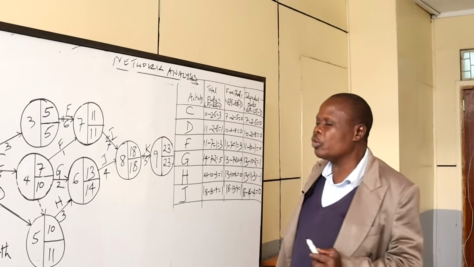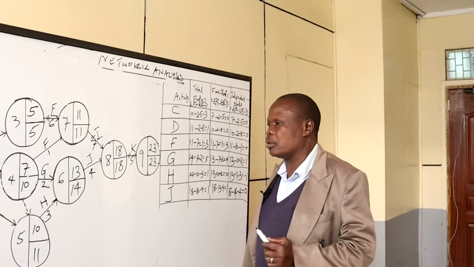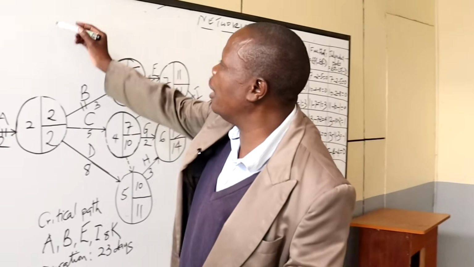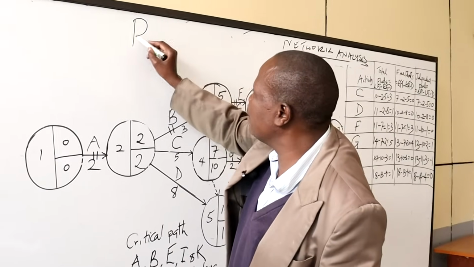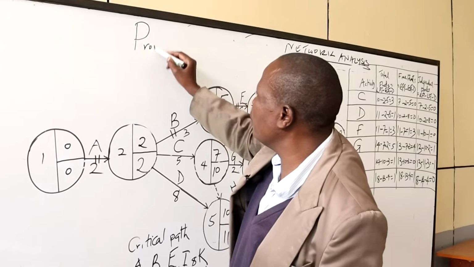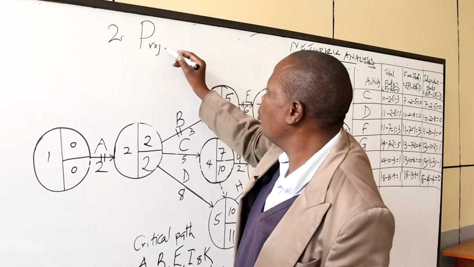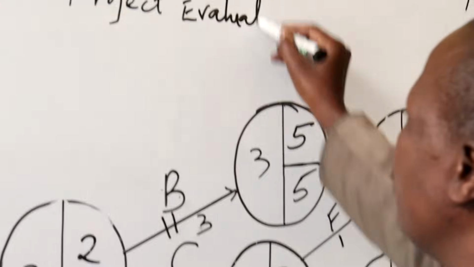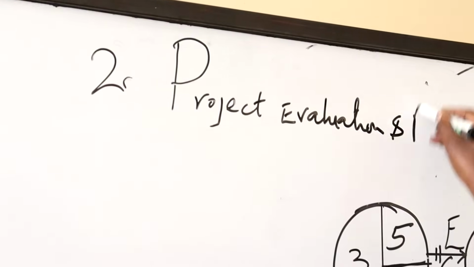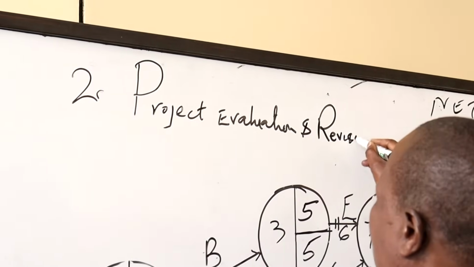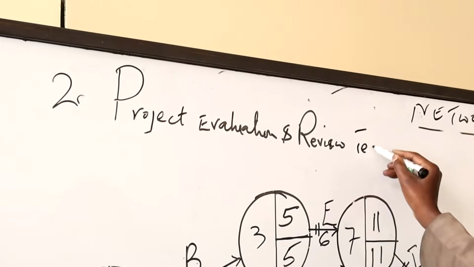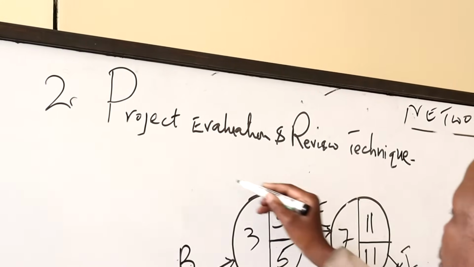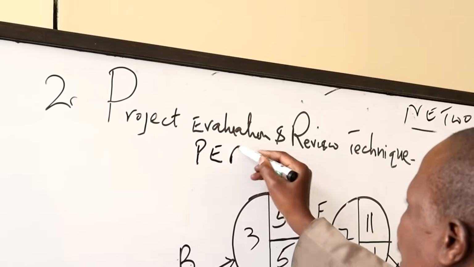We want to move to another method of constructing a network, and that method is known as project evaluation and review technique. That is PERT.